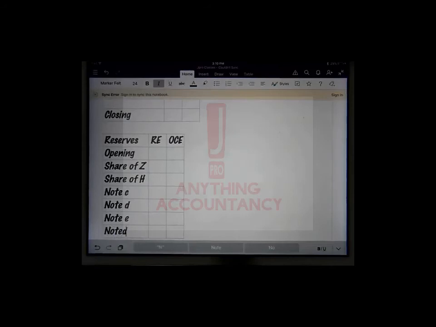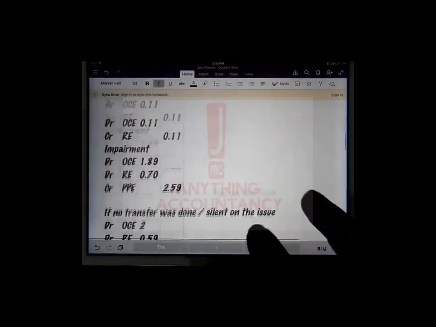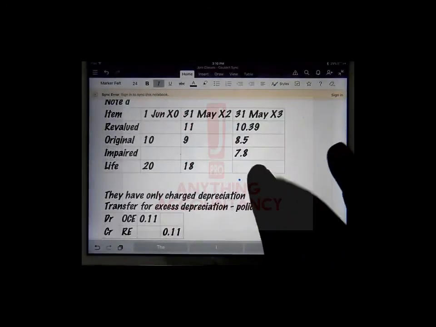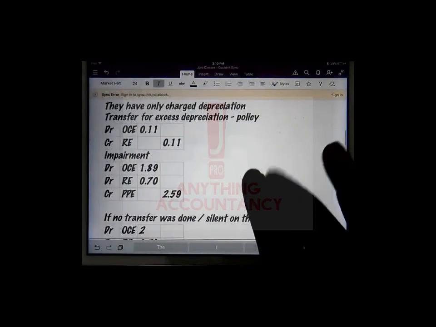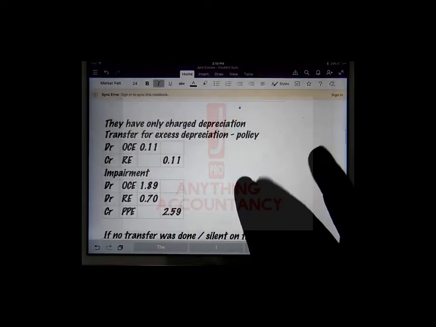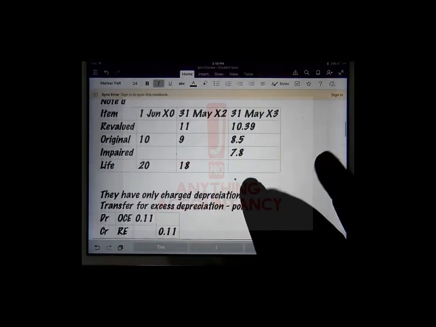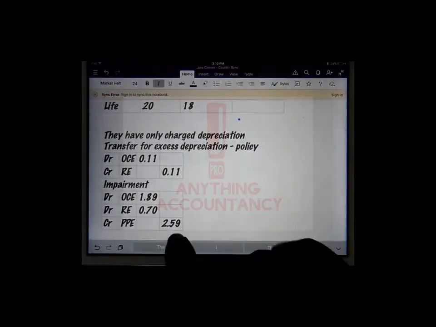We had until note F, right? Note D. This one, right?